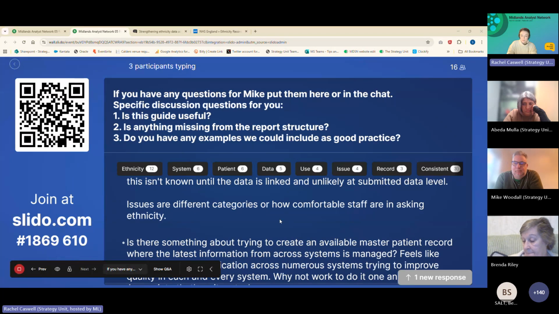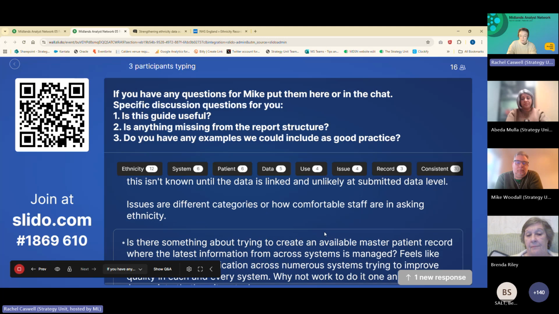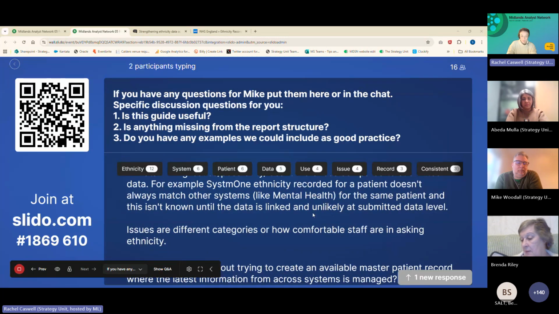Okay, so absolutely. I think one or two of these were talked to in the room. I think this is the bottom one, which is about a master patient record. Now, wouldn't that be nice? A single record, which is the thing that we've been trying to achieve for a long time, for many reasons.